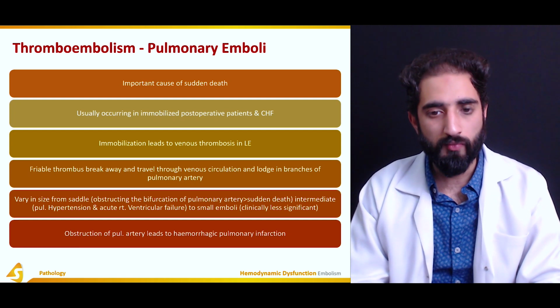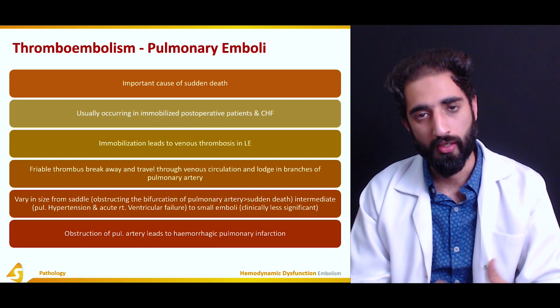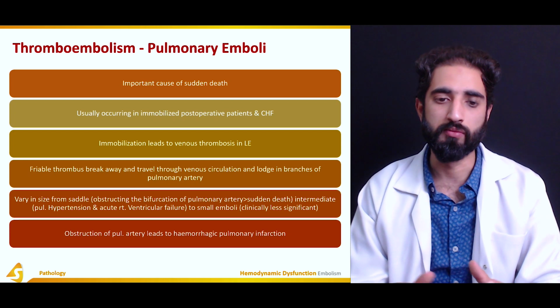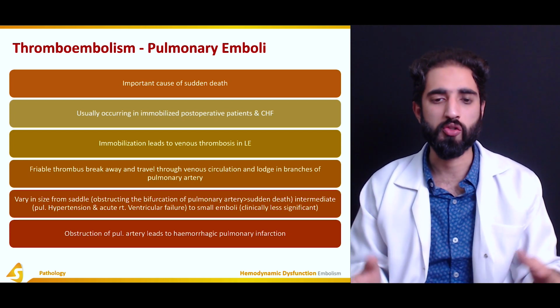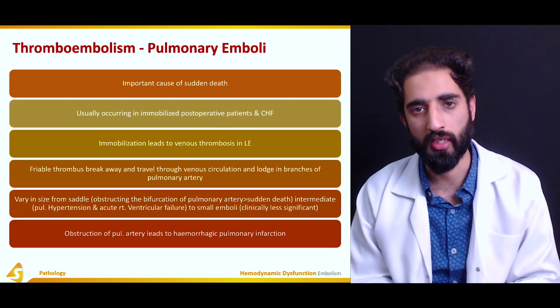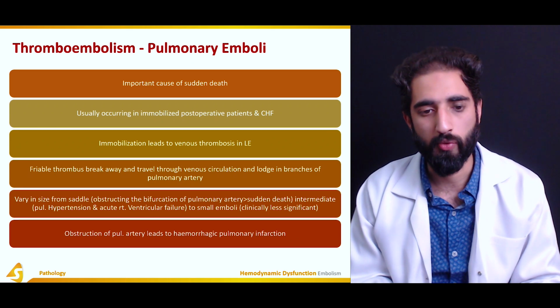So immobilization, as I already said, leads to venous thrombosis in the lower extremities, as I gave you an example of deep venous thrombosis. So friable thrombus, weak thrombus, actually breaks away and travels through the venous circulation and lodges in branches of the pulmonary artery, and it can cause pulmonary emboli.